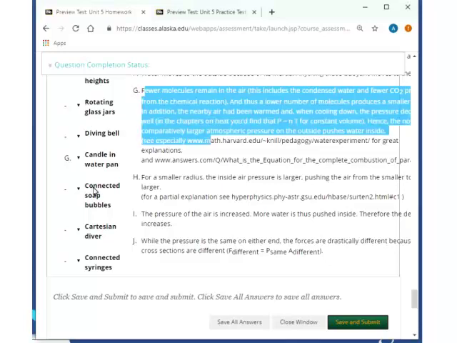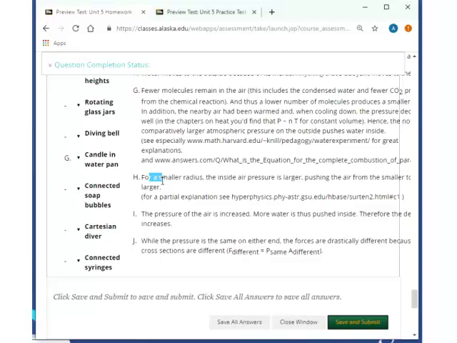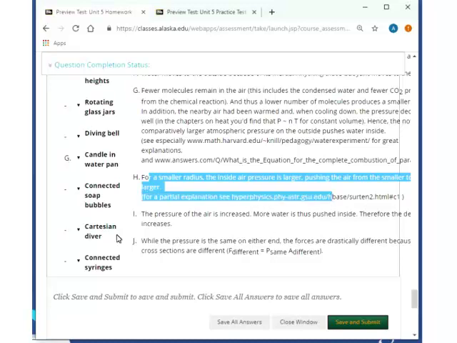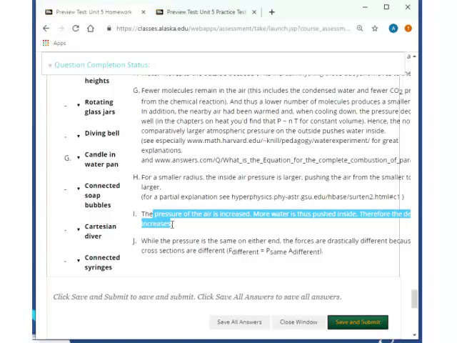Then connected soap bubbles for smaller radius. It turns out that the inside pressure is larger in a smaller soap bubble, pushing the air from the smaller soap bubble to the larger one. And again, there's a partial explanation in hyperphysics in this link here. Cartesian diver, the pressure of air is increased by pressing on the bottle, more water is thus pushed inside.